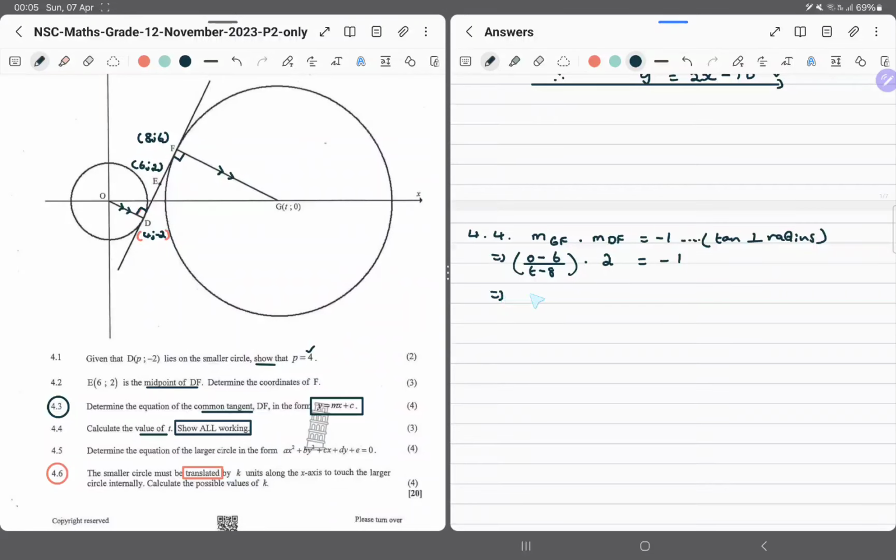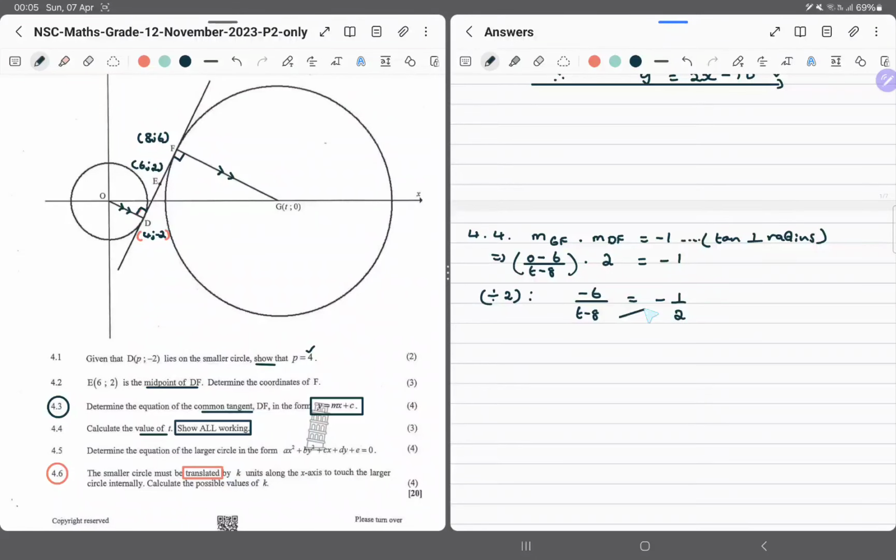Alright, so this also implies that we can divide by 2, such that we've got minus 6 over T minus 8 is equal to minus a half.